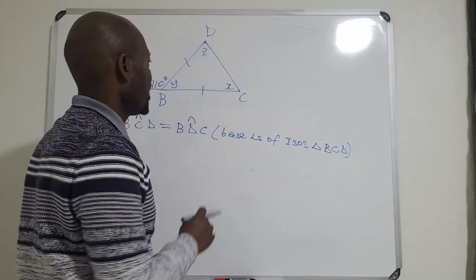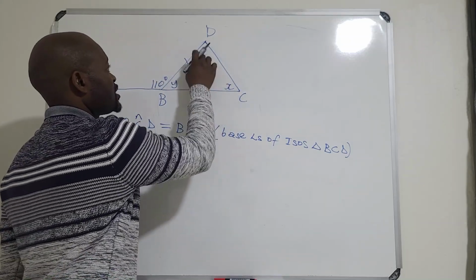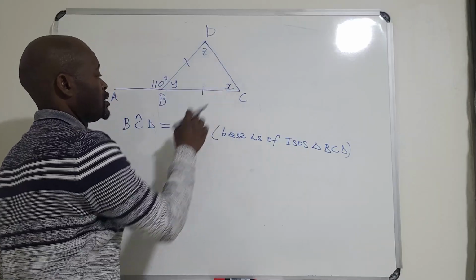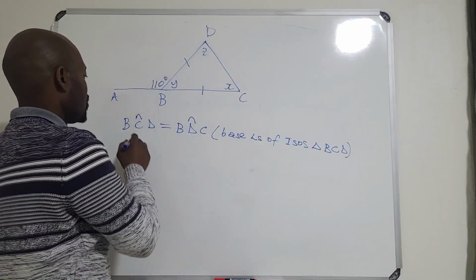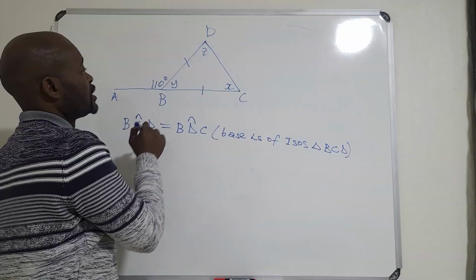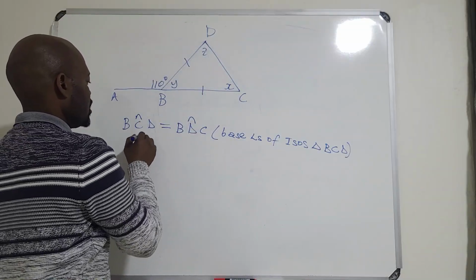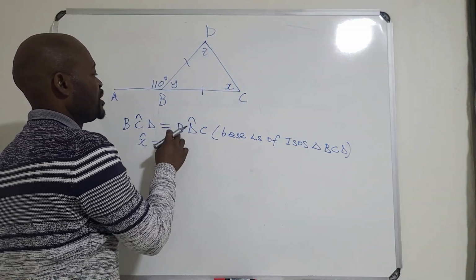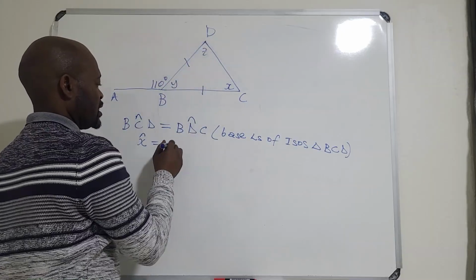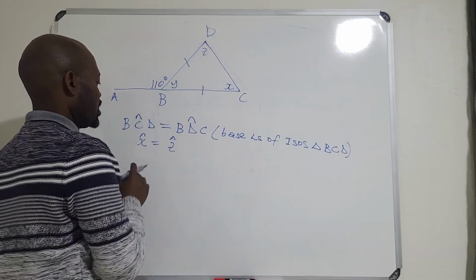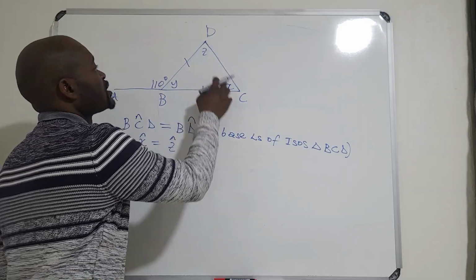Since they are opposite equal lengths, it means that these angles are equal. Now, angle BCD is x, angle BDC is angle z. Therefore, angle x is equal to angle z.